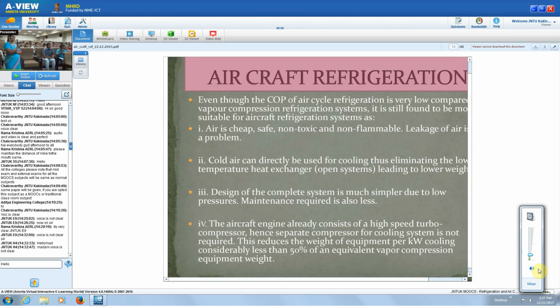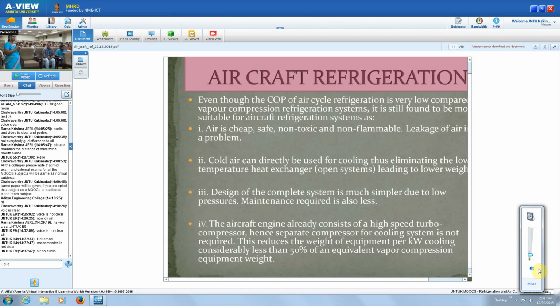So why air is used as a refrigerant in aircraft refrigeration is, even though the aircraft is moving at a very high velocity and high altitude, at low pressure and low temperature, for the comfort of human beings the air is always to be conditioned, so it should be maintained at the required comfortable temperature.